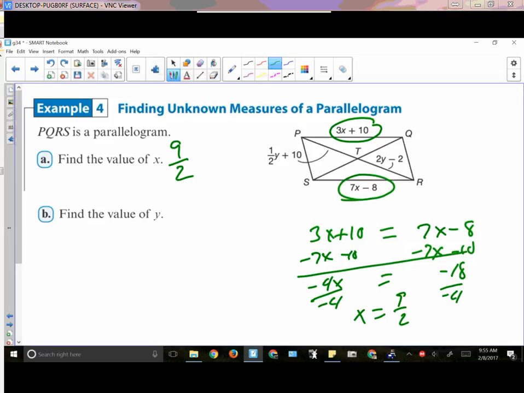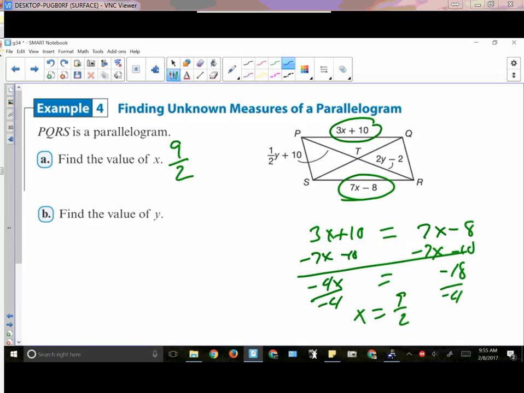Did I figure out what the value of x is? Have I answered the question? What question haven't I answered yet? I haven't gotten that far. Yes. Push, push, push. So, okay, so fine.